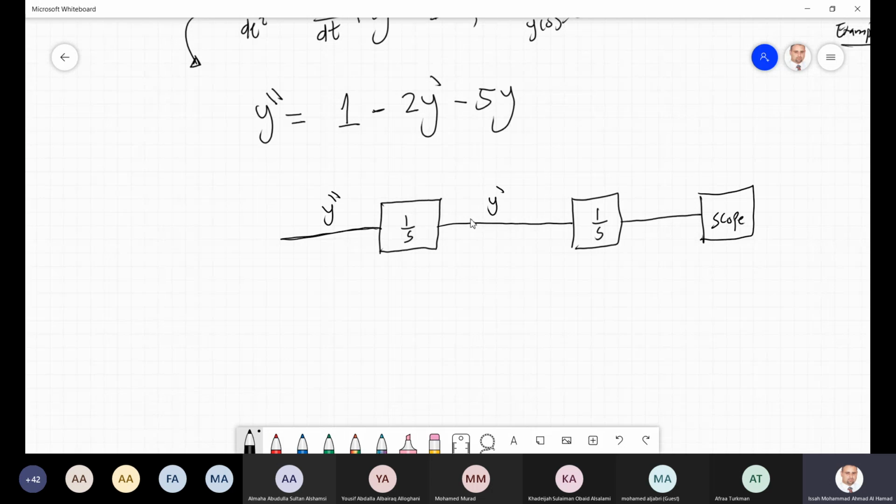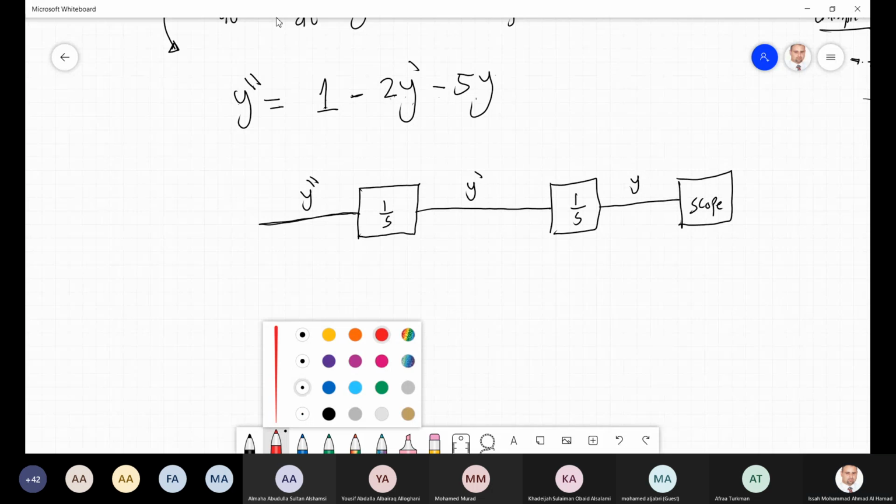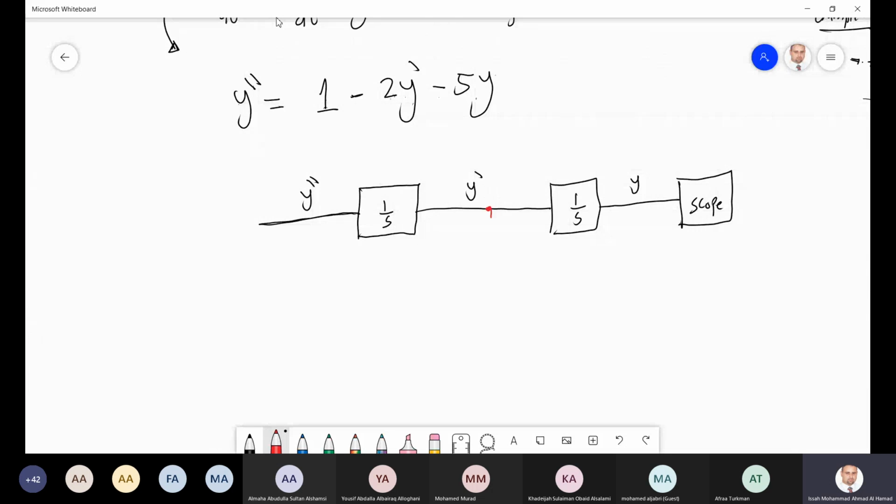What is the input here? It is y. Correct? طيب. الآن to get y double prime, don't forget that y double prime is composed of 3 entries. One of them is constant, one of them is minus 2y prime, one of them is minus 5y. So we start by taking the value of y prime and multiply it by minus 2.